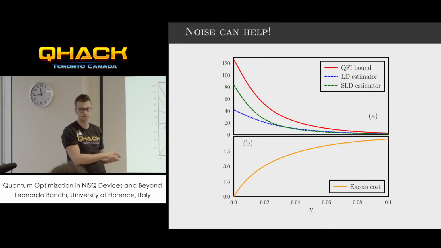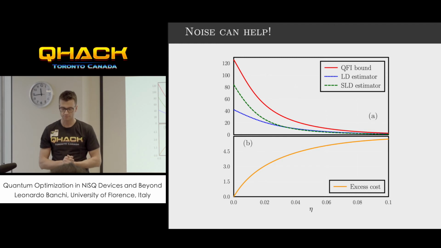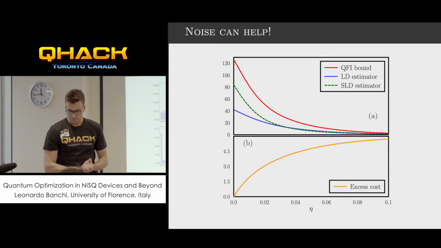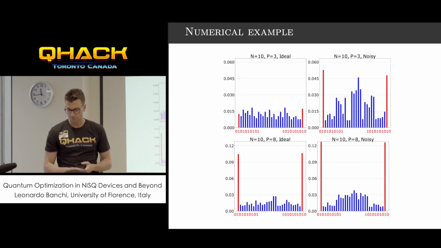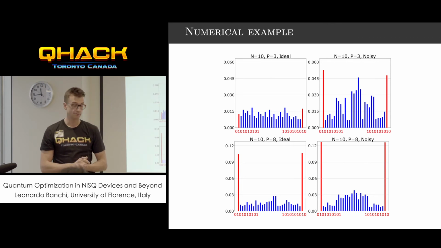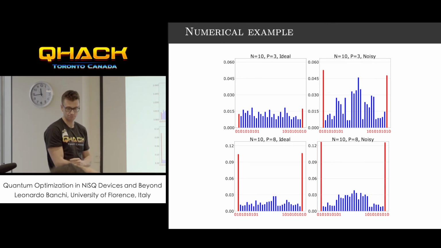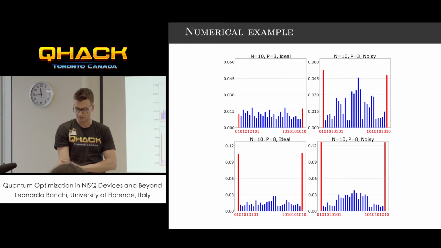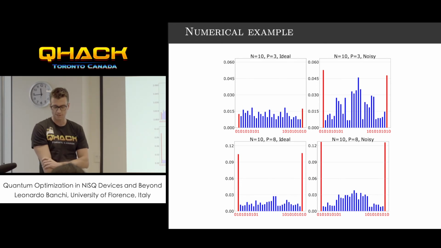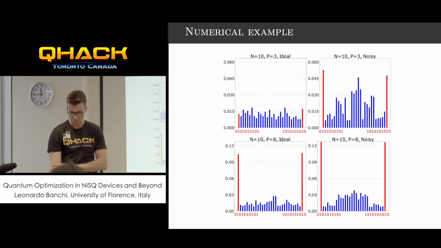The cost function is now noisy, so it's going to be larger. We also found numerical examples where noise can actually help, in numerical simulations with a small number of shots.